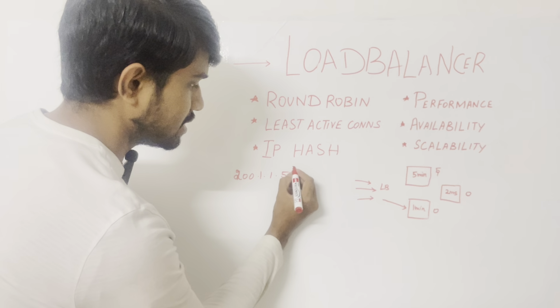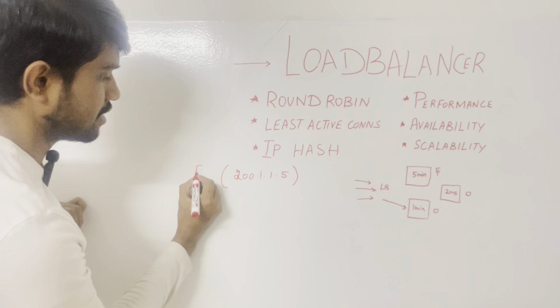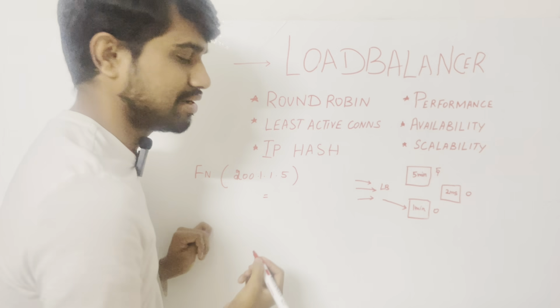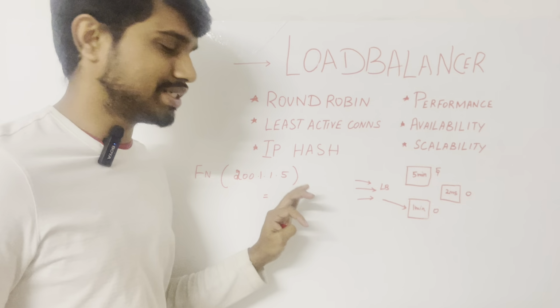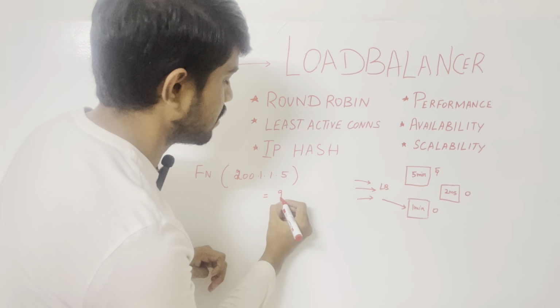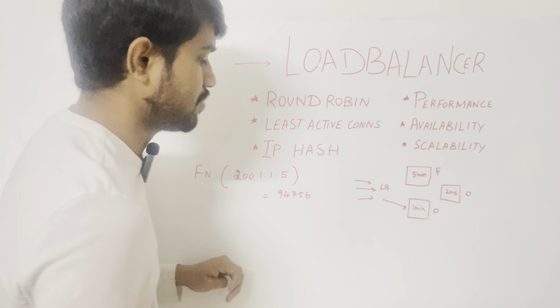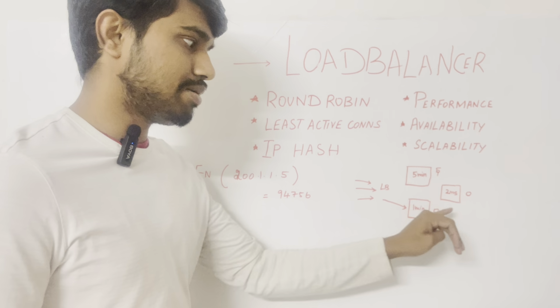You pass this into an algorithm, say a mathematical function, and what you get is a big number. Let's not go into the algorithm. It will give you some number like 94756, for example.